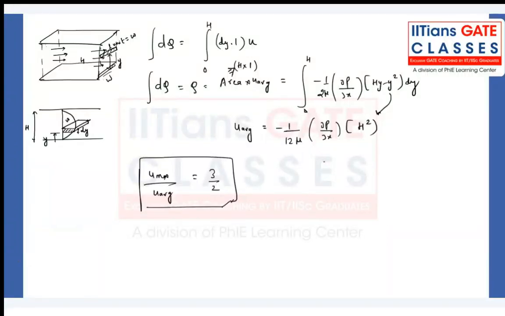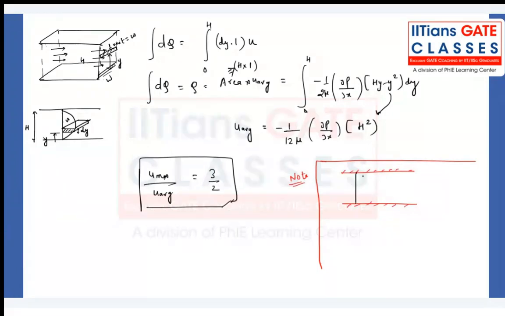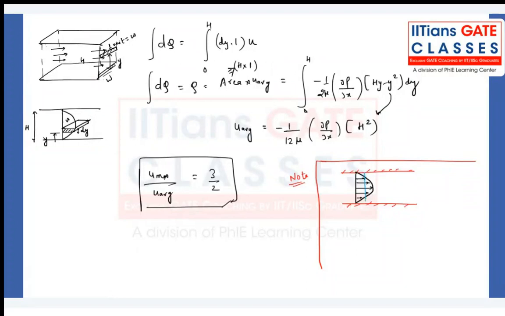Now, for flow between two fixed parallel plates, if I ask you one question, put a note. Suppose there is a parabolic variation, and I want the uniform distribution like this, U average, U maximum.